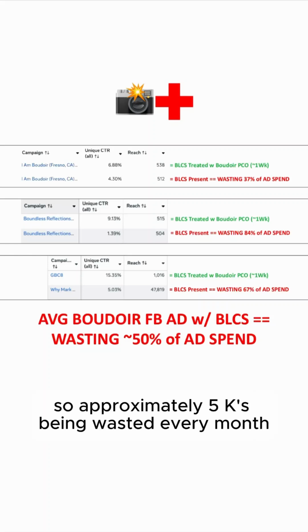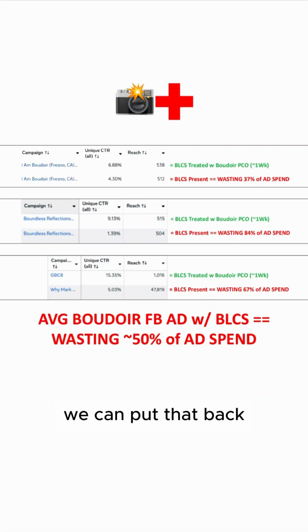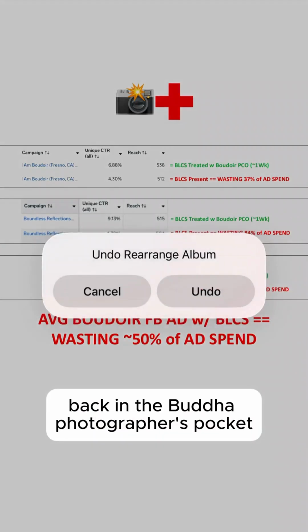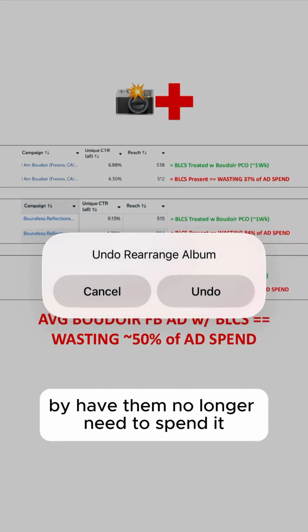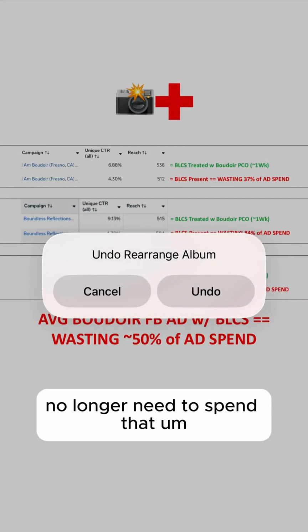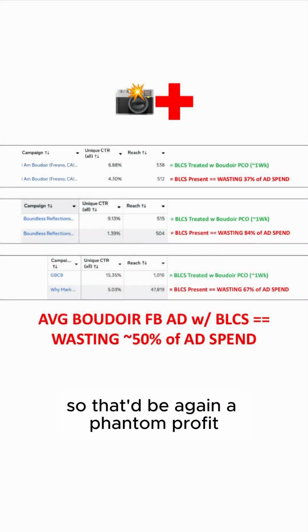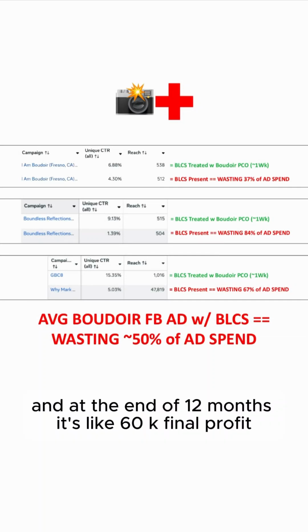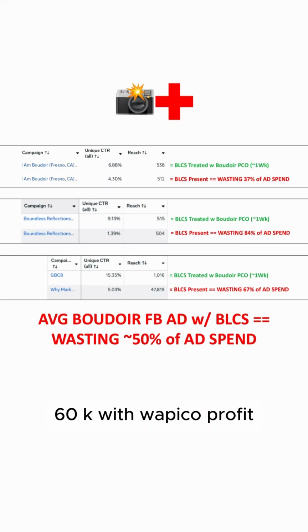So approximately 5K is being wasted every month. And we can put approximately that amount back in the boudoir photographer's pocket by having them no longer need to spend it. So it'd be, again, a phantom profit, like a boudoir Pico profit. And at the end of 12 months, it's like 60K phantom profit, 60K boudoir Pico profit.